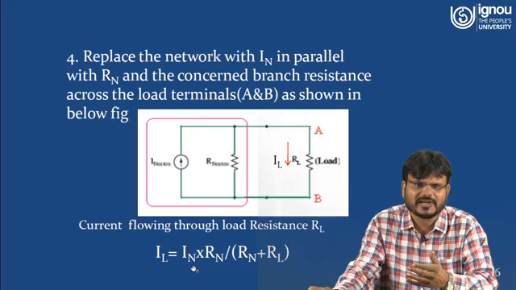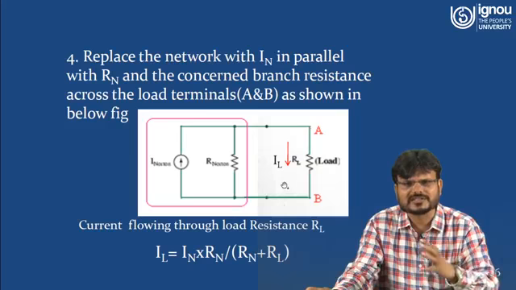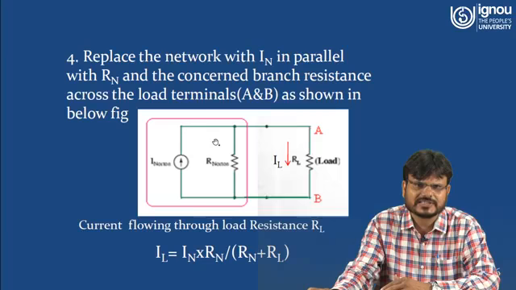One branch has the Norton resistance RN, and the other has the load resistance RL. So IL is equal to IN multiplied by RN upon RN plus RL.